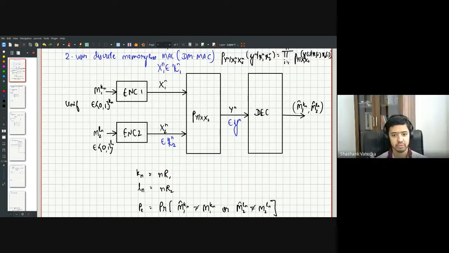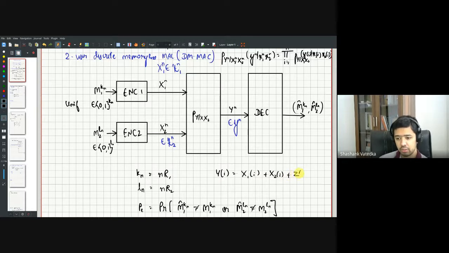Right now what we have is the channel. For example, one particular channel is the following. So y of i is x1 of i plus x2 of i plus z of i, where z of i is some noise. For example, it could be Gaussian noise.